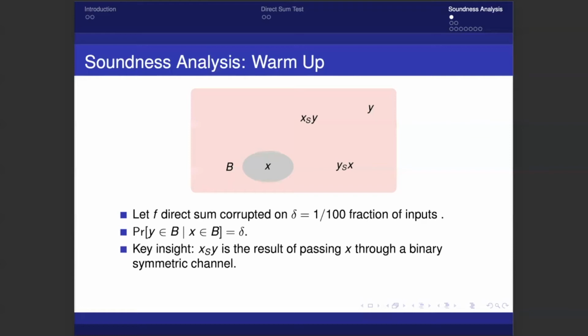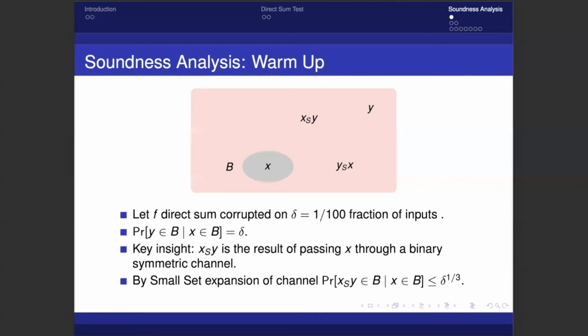Each bit of x is flipped with probability 1/4 and left unchanged with probability 3/4. So this observation allows us to use a property of the binary symmetric channel called small set expansion, which allows us to get a bound on the probability that xsy lands in B, given that x is in B. Okay, so the bound we get is delta to the 1/3.